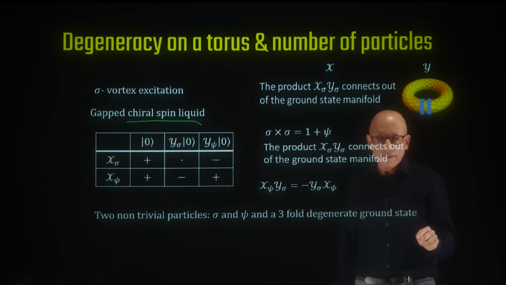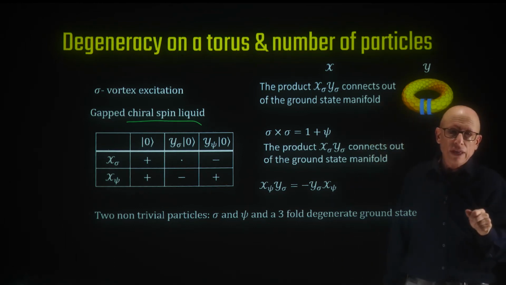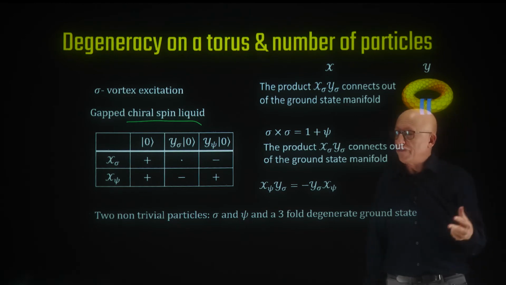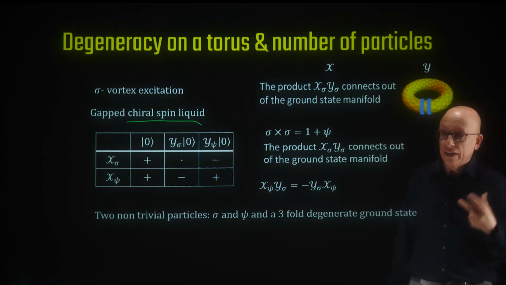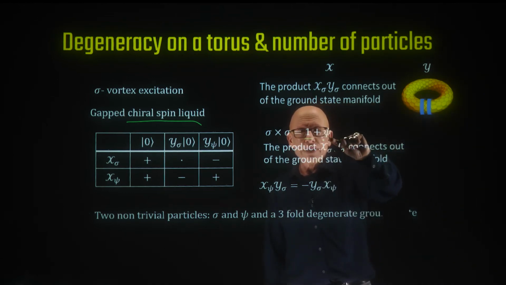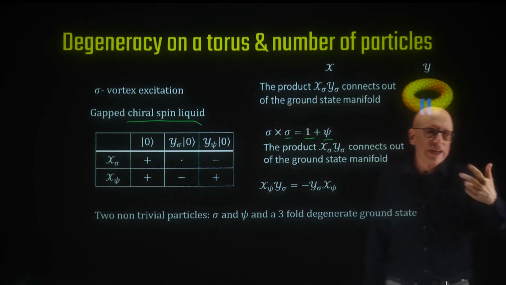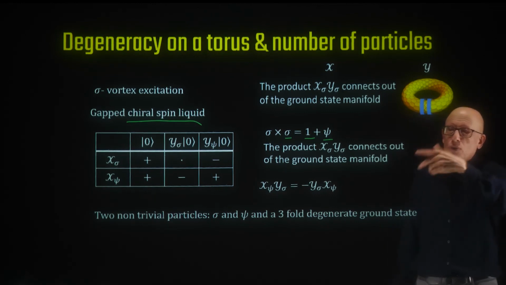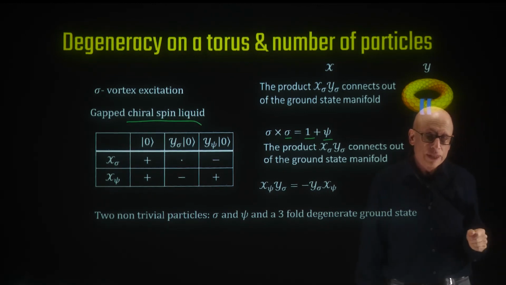So in this model, there are 3 different ground states, and they are characterized by 1, psi, and sigma as the names of the quasi-particle they correspond to.